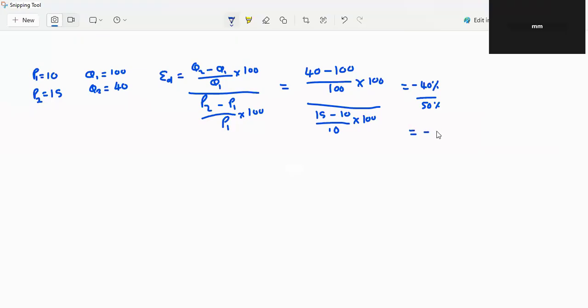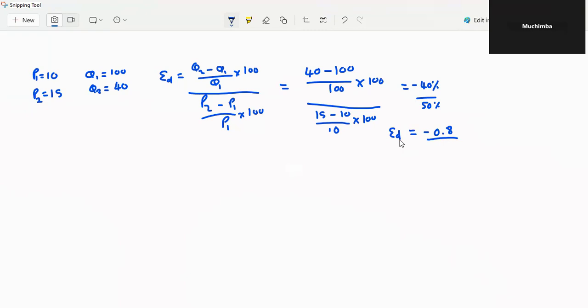Can somebody help me comment? What type of elasticity are we having here? Elasticity of demand is what? Is it elastic, inelastic, or unit? So anything starting with a 0 is what? Inelastic.